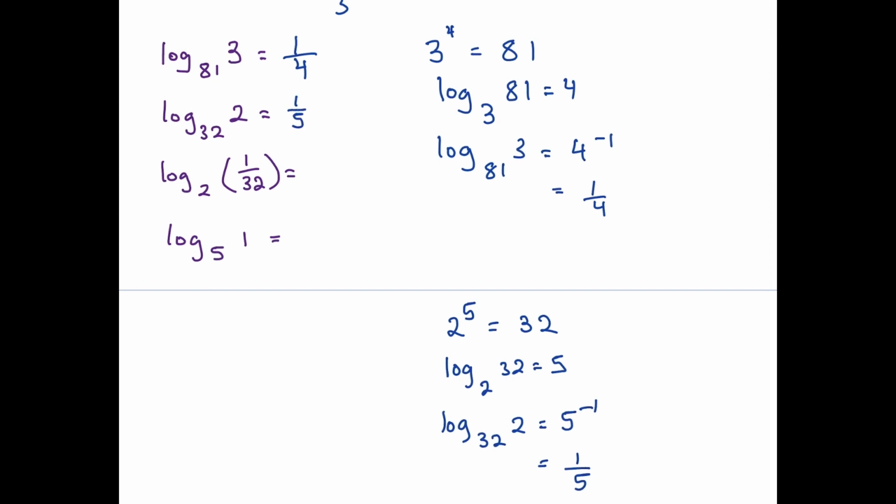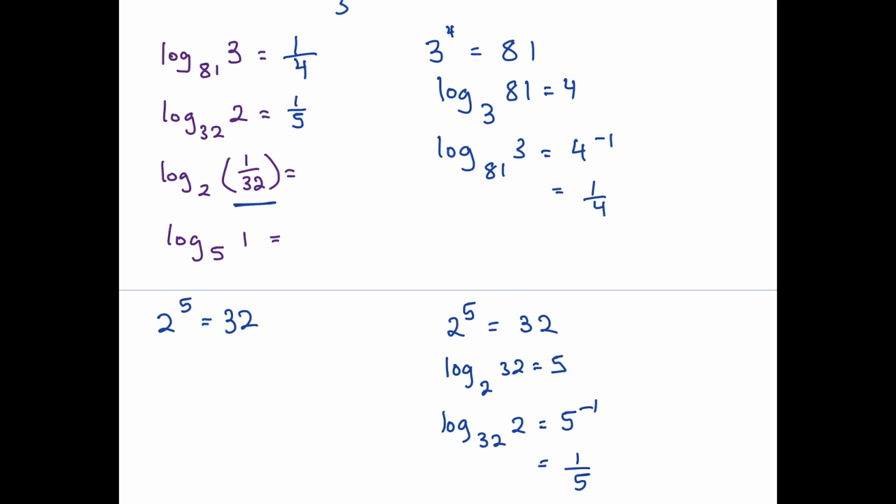Now we have a fraction. So it's going to be a little bit different, but it's really just applying the same theory. From the previous question, 2 to the 5 is 32. Let's compare this to our question. We have 1 over 32.